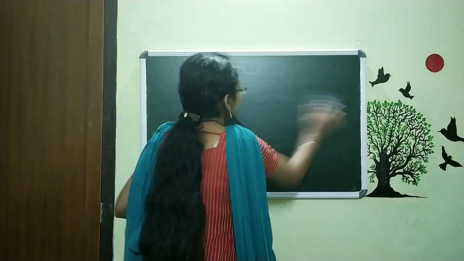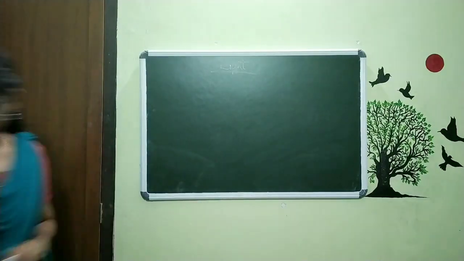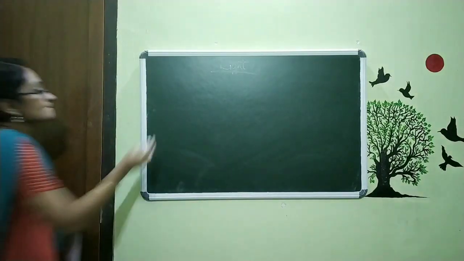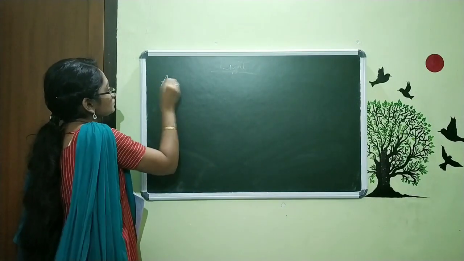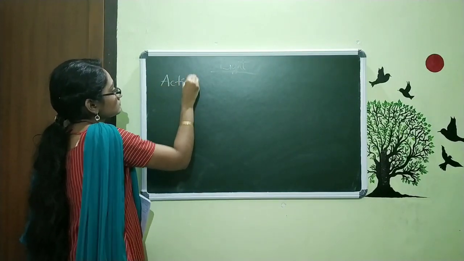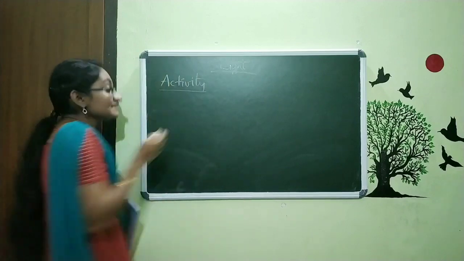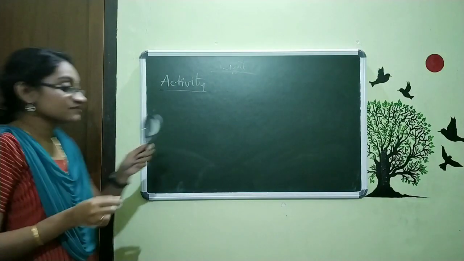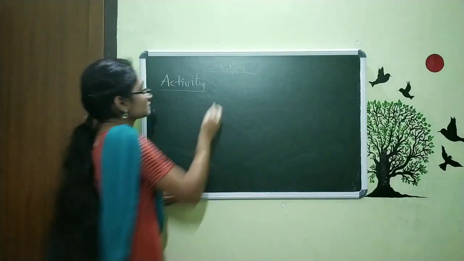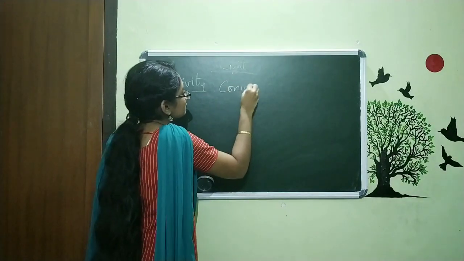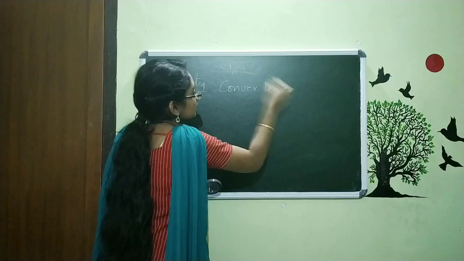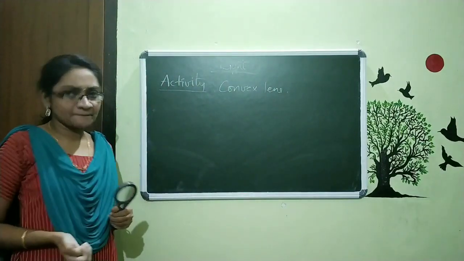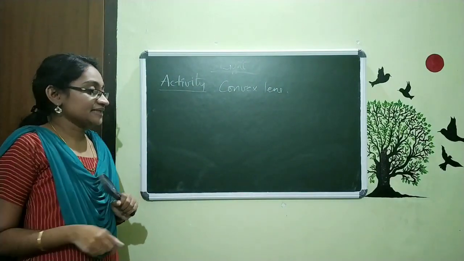Now, we are going to discuss one activity. The activity we are doing with the magnifying glass, our convex lens, with paper and our sunlight.